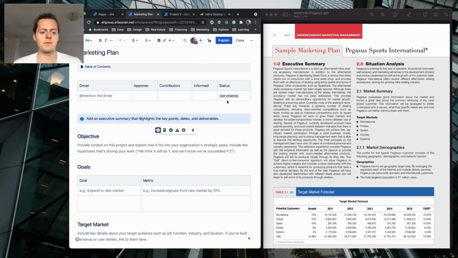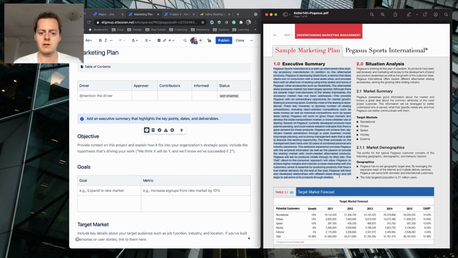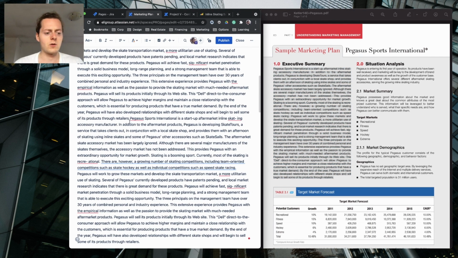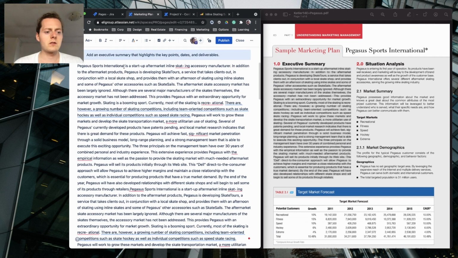So I'm gonna just something like that. And this is the Pegasus executive summary. So let me just copy it and see whether I can actually use it in some way. So that's quite a lot. So Pegasus inspires startup after star skating accessory manufacturer. In addition to the aftermarket, Pegasus development to service the clients in conjunction with the local skate shops.